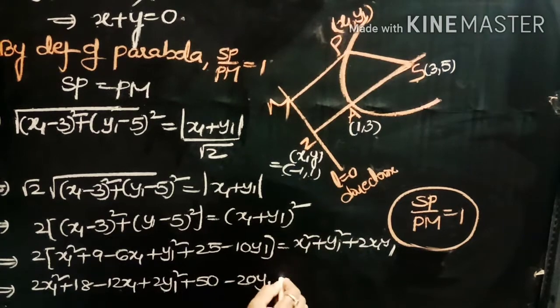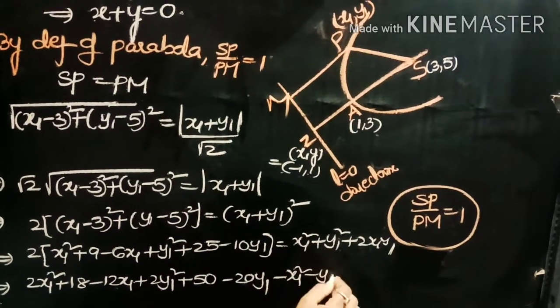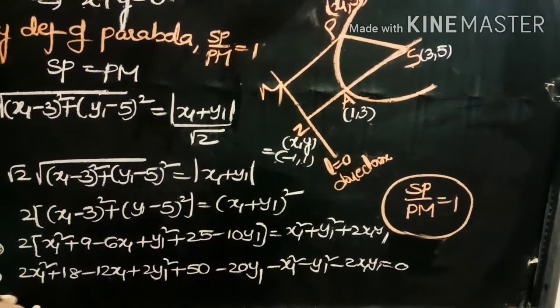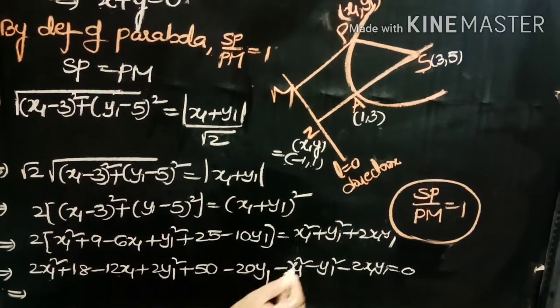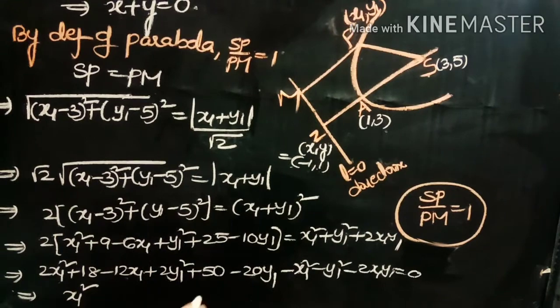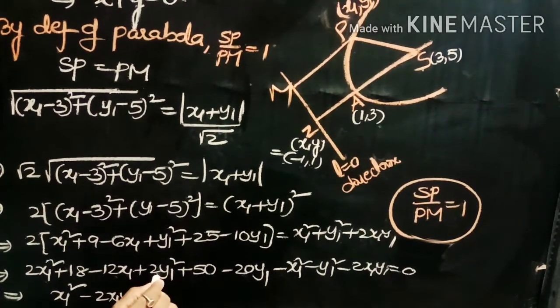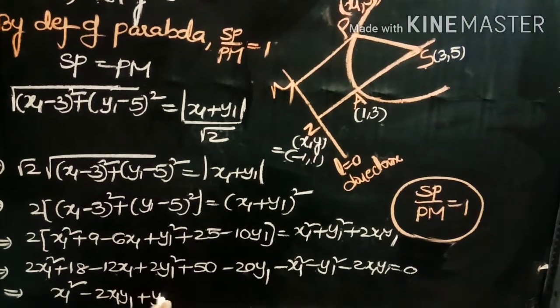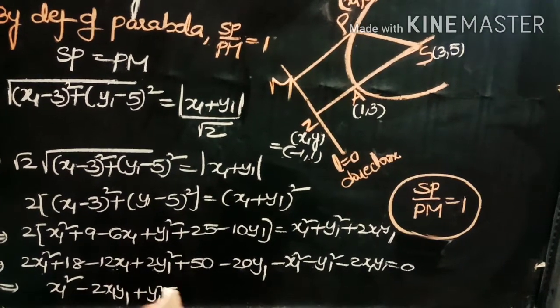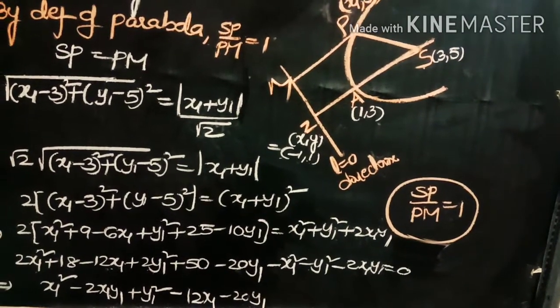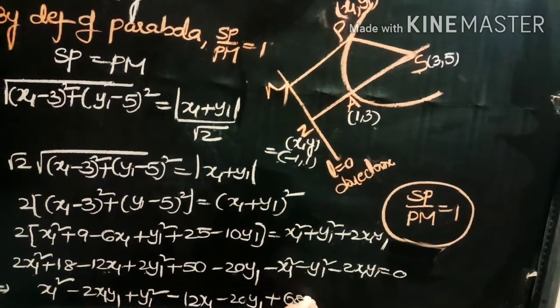Writing those terms to this side, minus x1 square minus y1 square minus 2x1y1 equal to 0, which implies 2x1 square minus x1 square, the xy term minus 2x1y1, 2y1 square minus y1 square, minus 12x1 minus 20y1 plus 68 equal to 0.